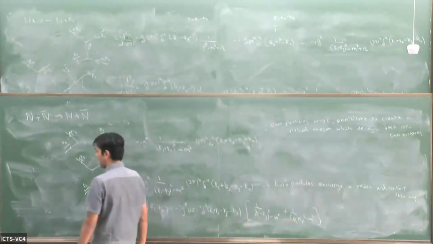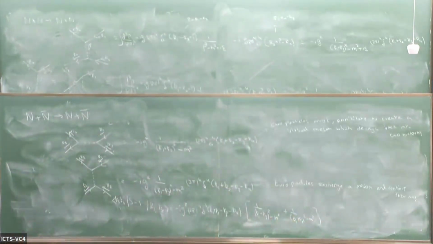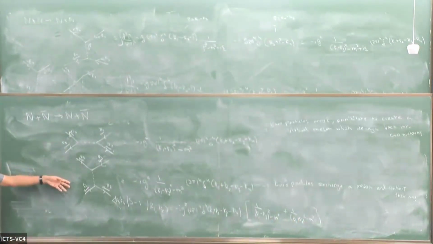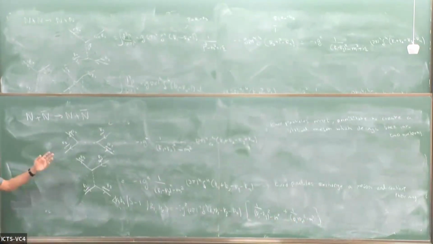That's the final answer. The final answer is you sum all of these processes. And this is what quantum mechanics tells you to do. You have to sum over all possible intermediate processes that can happen. So you sum over this and you sum over this. They look like they're different, but you have to sum over them.